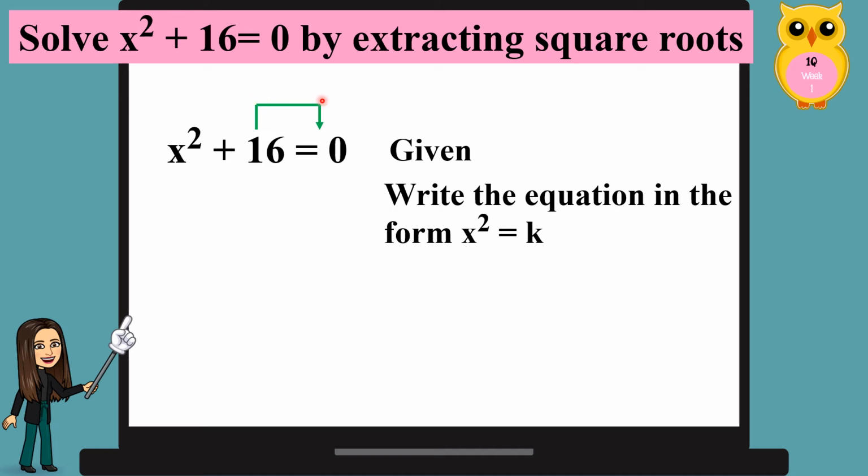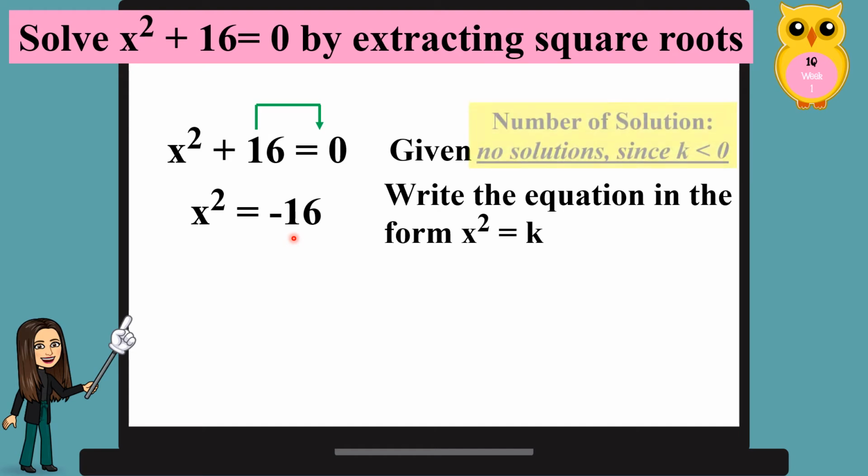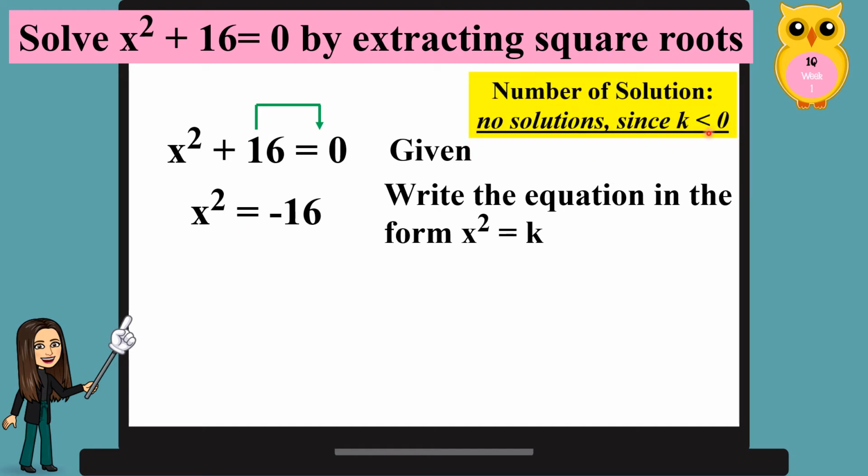We move or transfer positive 16 to the other side of our equation so that our equation looks like this. So therefore, we now have here x squared is equal to negative 16. Okay? So, since the value of our k here is less than 0, because it is negative, it has no solution.